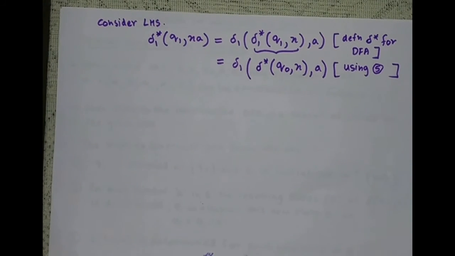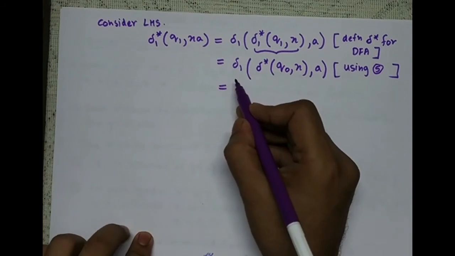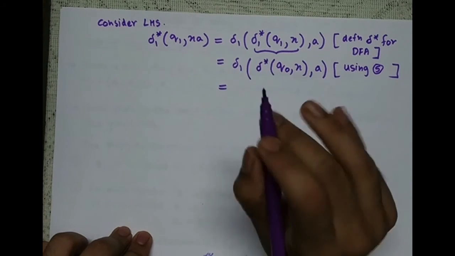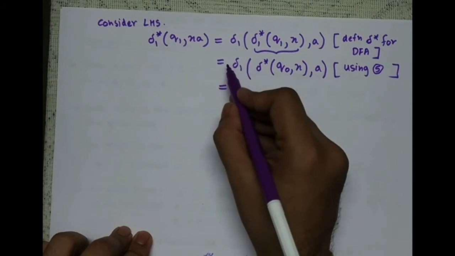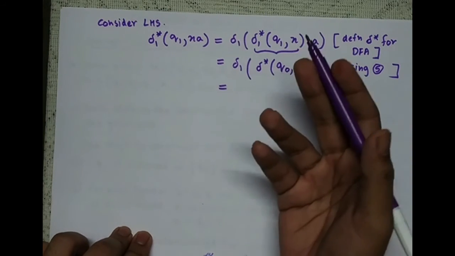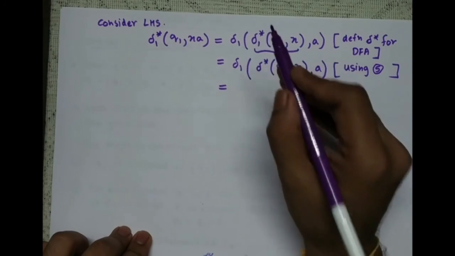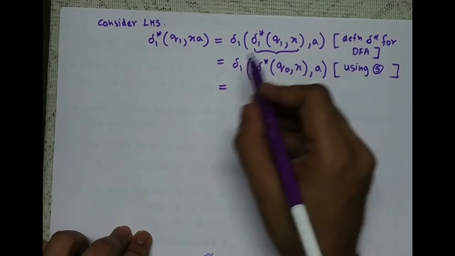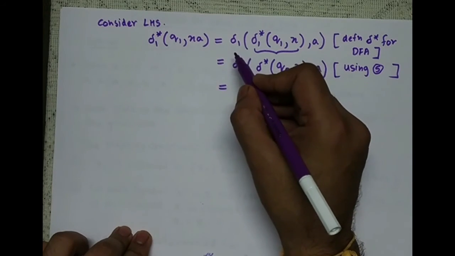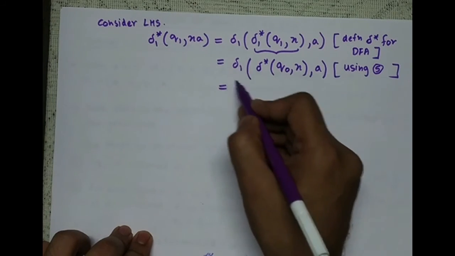Finally, please note that when we are talking about a single symbol transition function, del 1 and del are the same. Only del 1 star is not the same as del star. For simple transitions, you may interchangeably write del 1 or del.